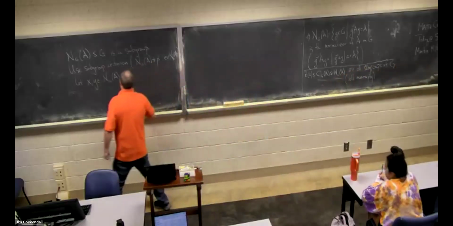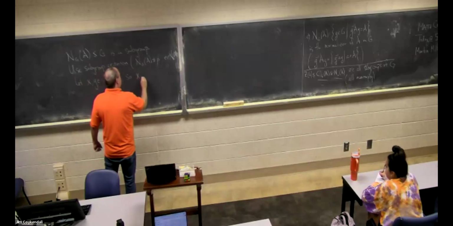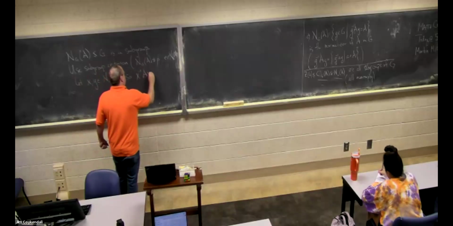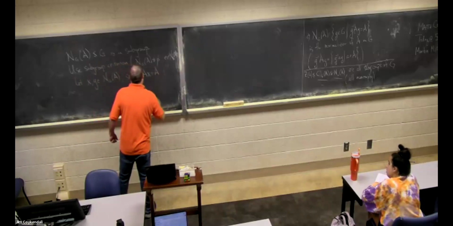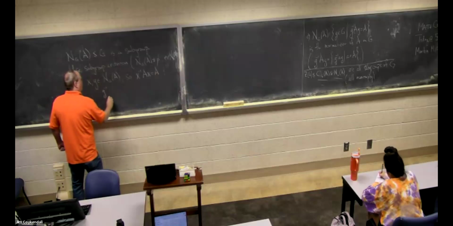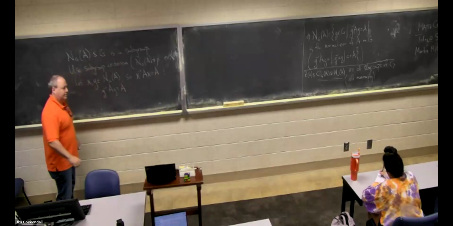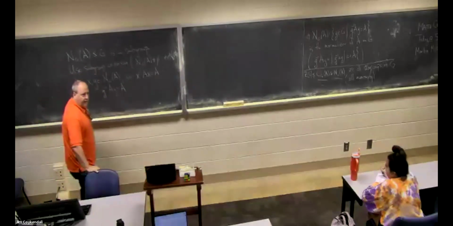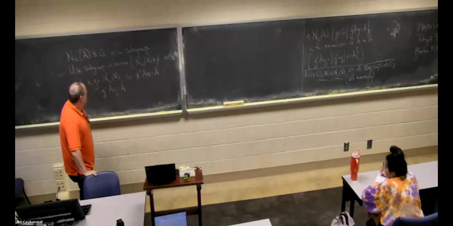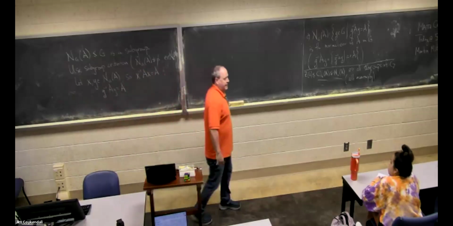This means the two sets are the same. That's what it means for X and Y to be normal. These sets are the same.